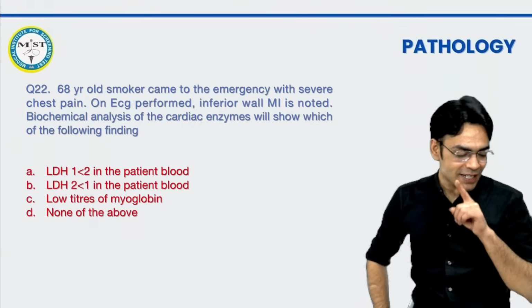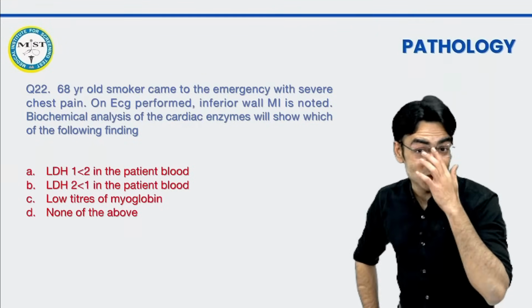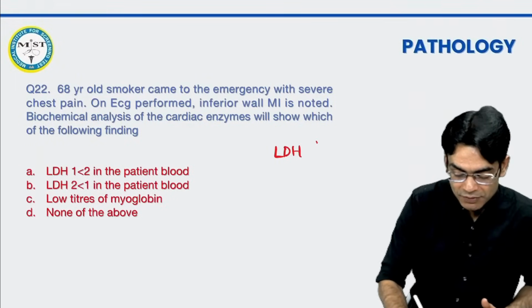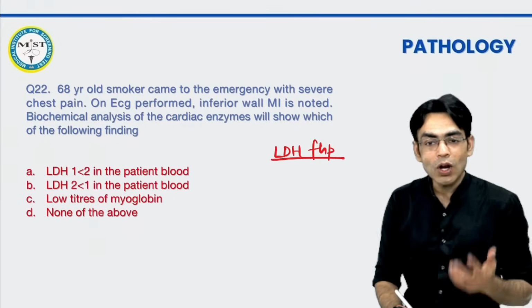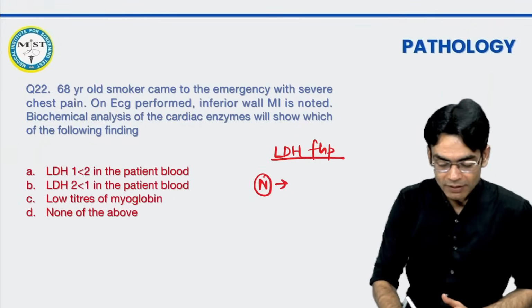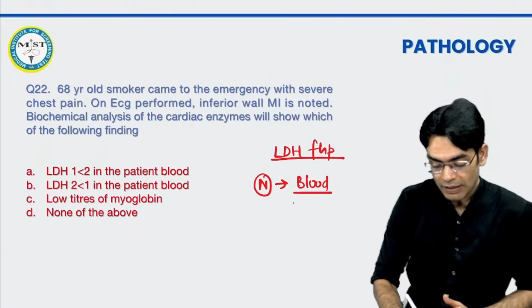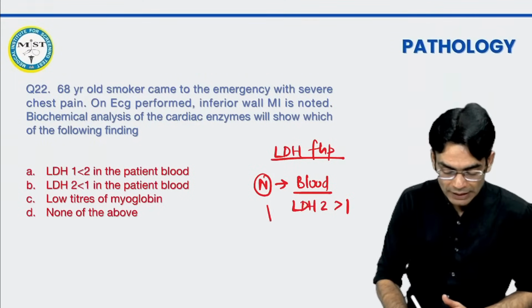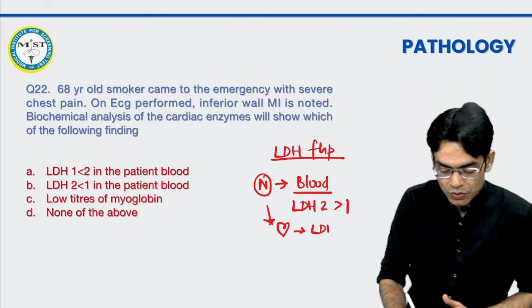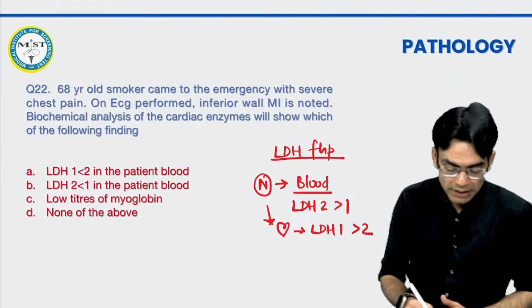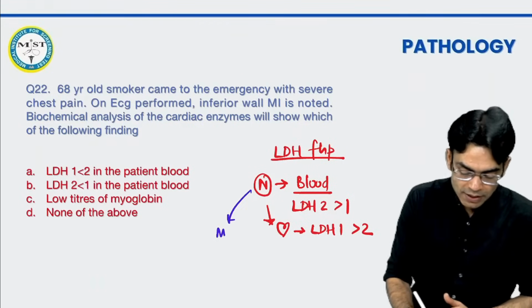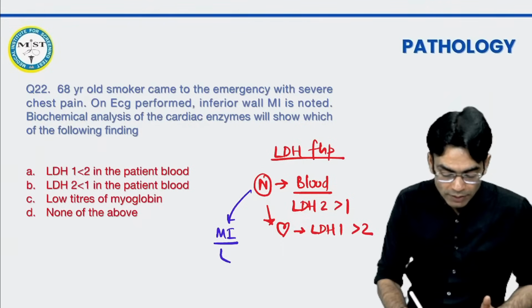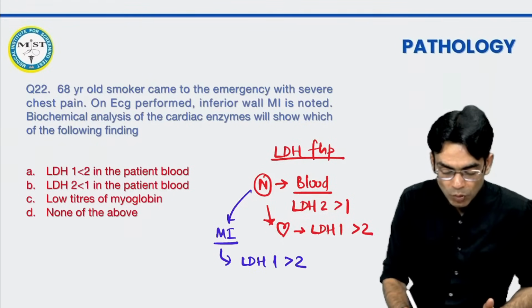देखा बेटा, अब ऐसा नहीं है that you people do not know the answer. You know, कहाँ से पूछ रहा हूं मैं ये question? I am asking this question from LDH flip. Now we all know that normally patient के blood में LDH2 is more than 1. And in a normal person, इसके heart में LDH1 is more than 2. But if this normal person undergoes MI, तो बेटा heart muscles will burst and LDH1 will become more than 2. कहाँ पे?